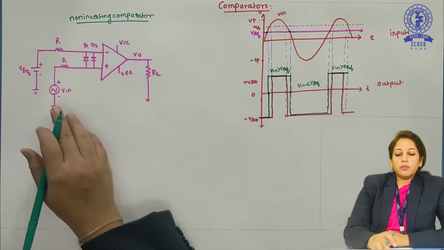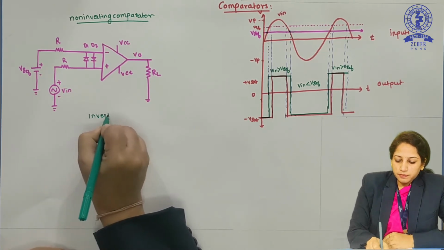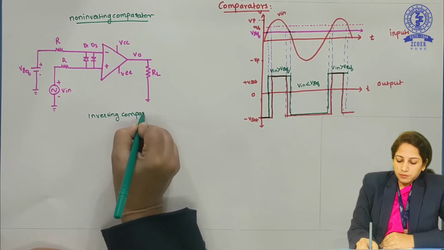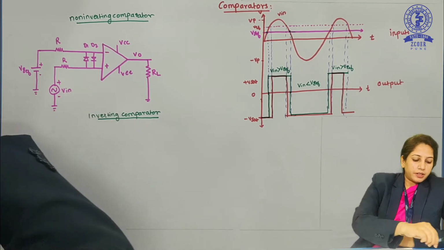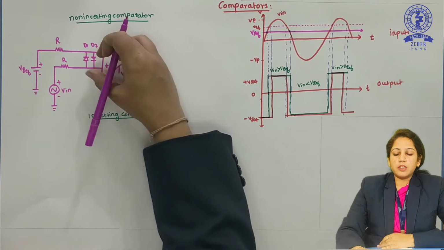But what about the inverting comparator? What will be the changes in the inverting comparator? In the inverting comparator, the only change is that these two terminals get swapped.